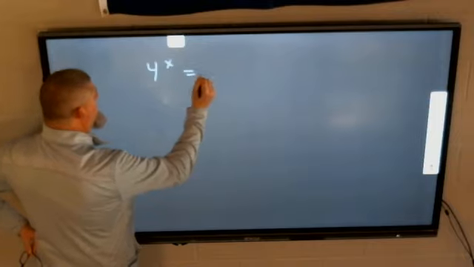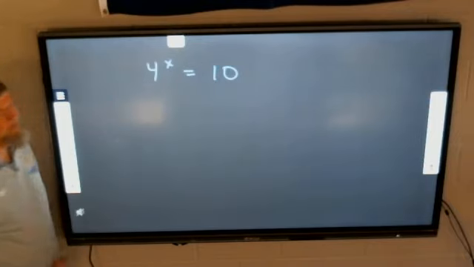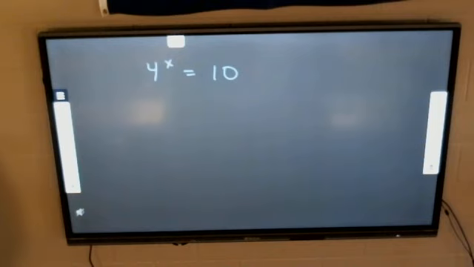4 to the x equals 10. This is kind of like that second example, right? Can you write 4 and 10 to a similar base? What would it be?